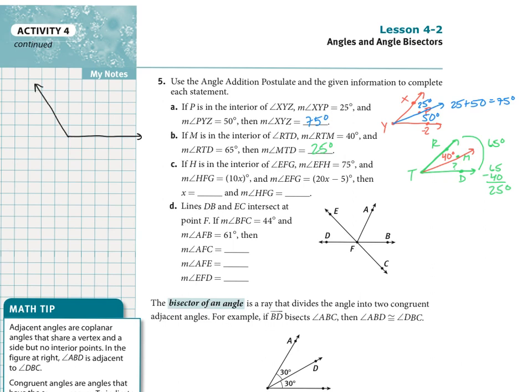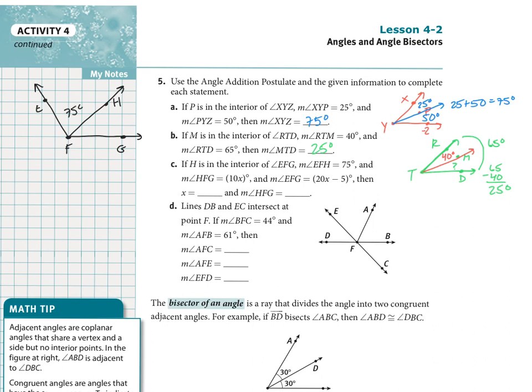Let's try again. We're going to plot F as our vertex. We're going to plot points E and G on either of the sides. And we have point H in the middle. We know we're going to be using that to connect. Okay, so we have that. Now it says EFH, so angle EFH is going to be 75 degrees.